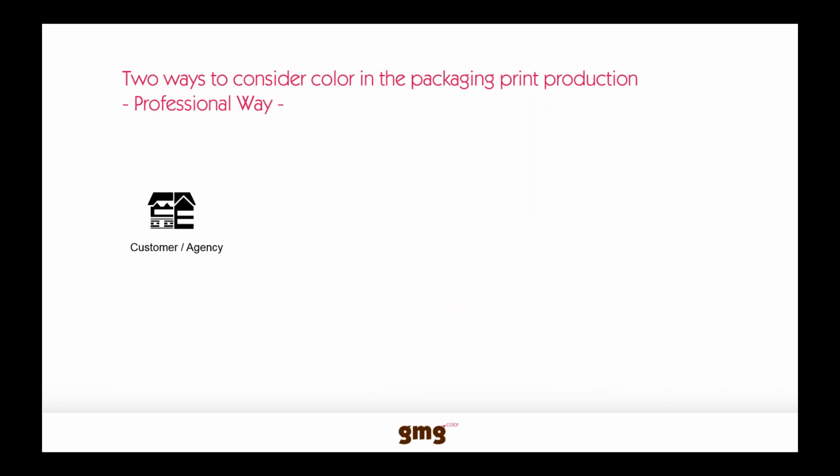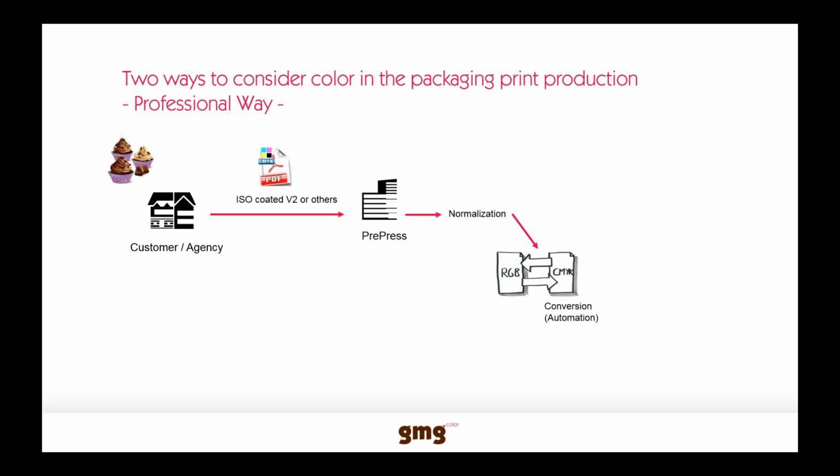I will call it the more professional way, or the more automatic way, where of course again our agency sends the file, ISO Coated v2 or others, still the same. There are also workflows where the agency already sends different files, but to make it easier for these 30 minutes, let's talk firstly about that case.